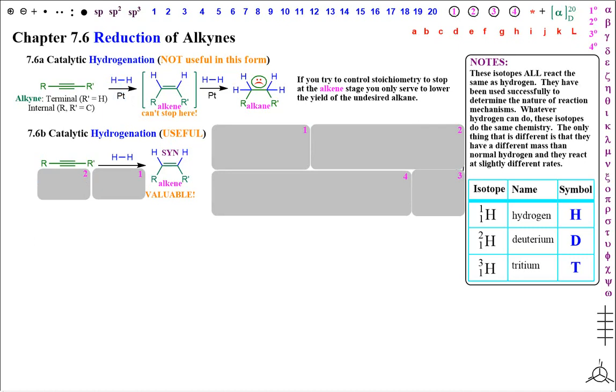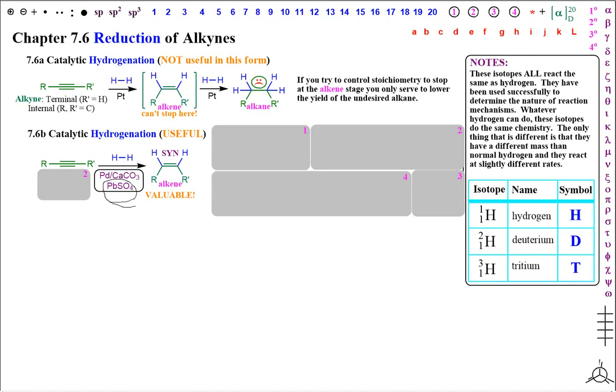He was much like the Edison of his time with hydrogenation, and his combination ended up being palladium metal, which in effect is actually more reactive than the platinum. It was embedded on calcium carbonate, which is like chalk particles, and he added this to tune down the catalyst, lead 2 sulfate, and that combination is now known as Lindlar's catalyst. And it gives us access to a cis alkene.